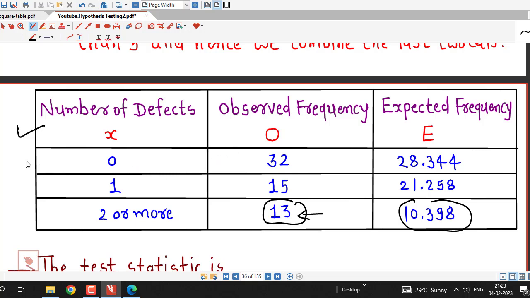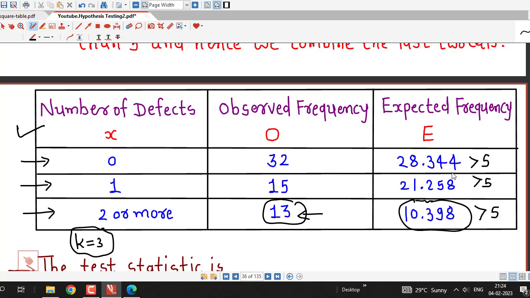Now the number of categories we will consider as first category, second category and third category, that is small k equal to 3. So remember, the number of categories in the formula of degrees of freedom comes from the last table, in which we have taken care that all the expected frequencies have become greater than or equal to 5.